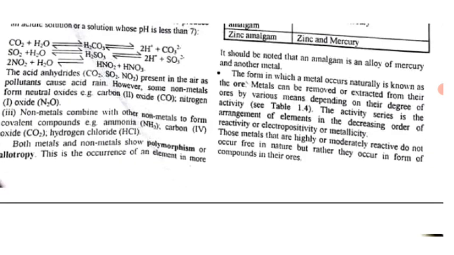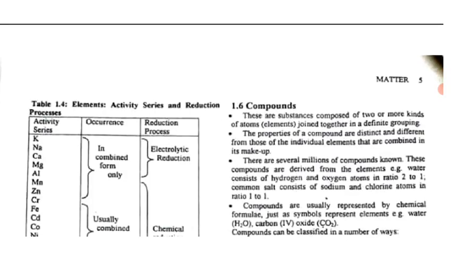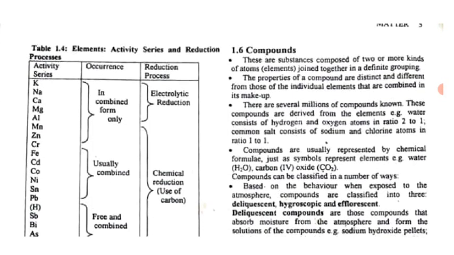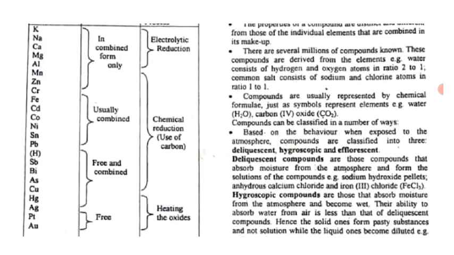So let's see. It says those metals that are highly or moderately reactive do not occur free in nature, but rather occur in the form of compounds in their ores. So we have the activity series table here, starting with potassium, sodium, calcium, magnesium, aluminium, manganese, zinc, chromium, iron, cadmium, cobalt, nickel, tin, lead, hydrogen.